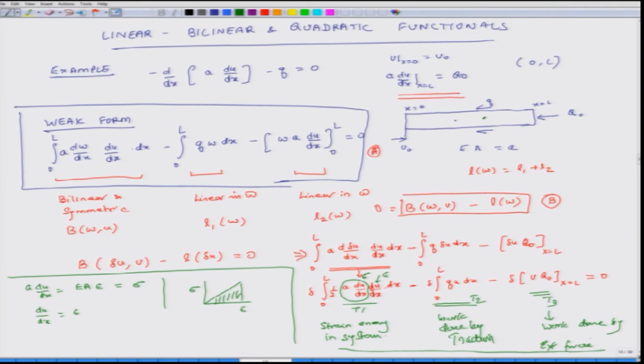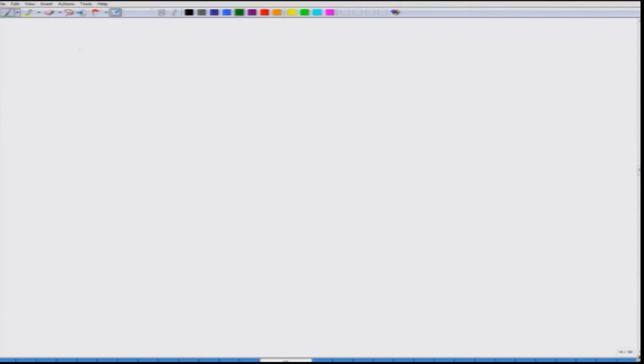So, what this means is that at least in context of this bar problem, this entire thing, see I have put this variational symbol outside. So, I can write the entire equation as variation of pi equal to zero, where pi is the potential energy of the system.